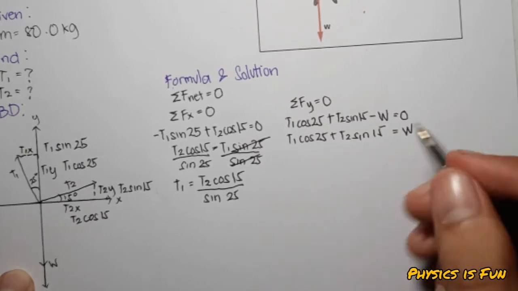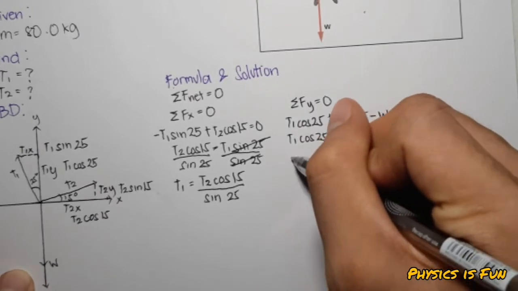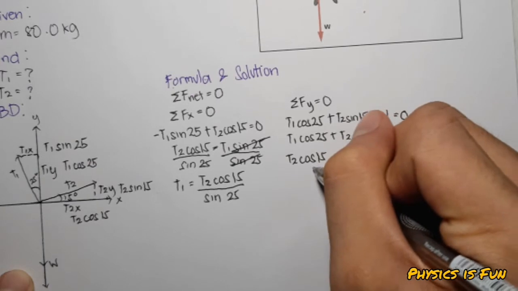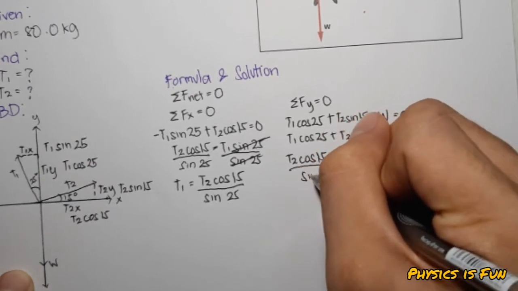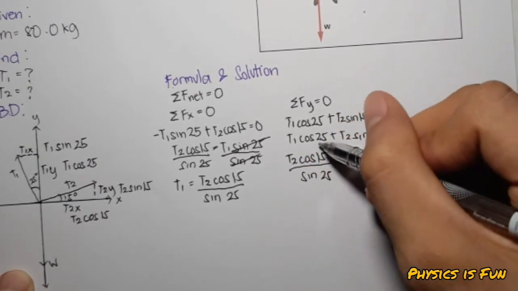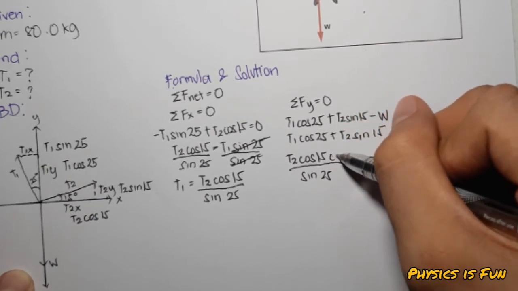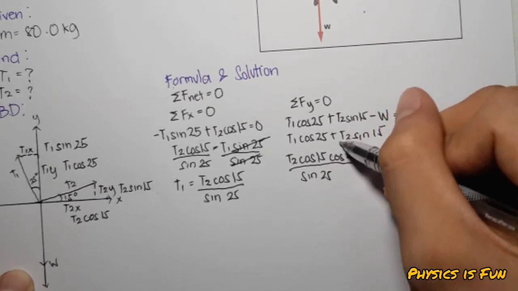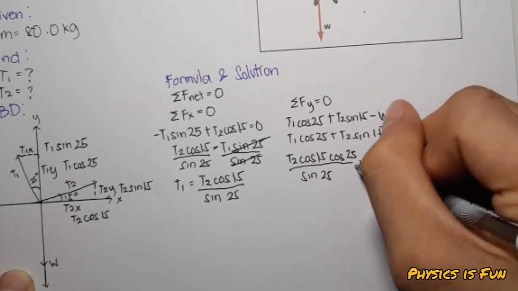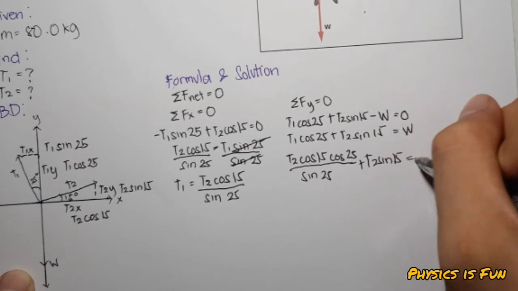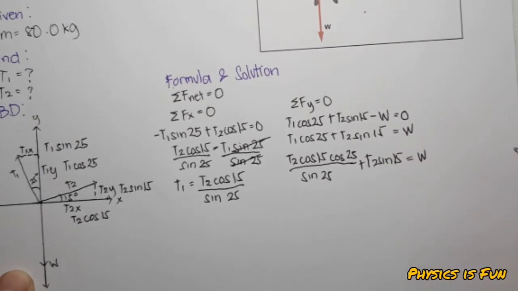Watch and learn. This T1 will be T2 cosine 15 over sine 25. Let's also include this in the equation. Cosine 25, then copy this, plus T2 sine 15 equals weight.